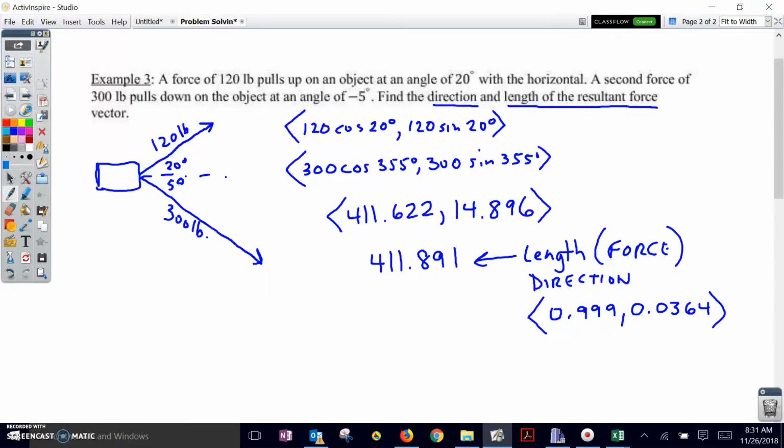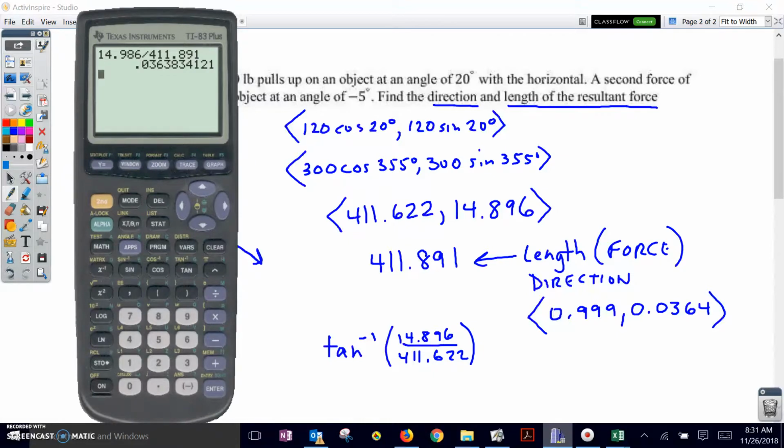A better expression of the direction here is probably the angle with horizontal, and in order to find that, we're going to take the arctangent of the components. And that's going to be 2.085.